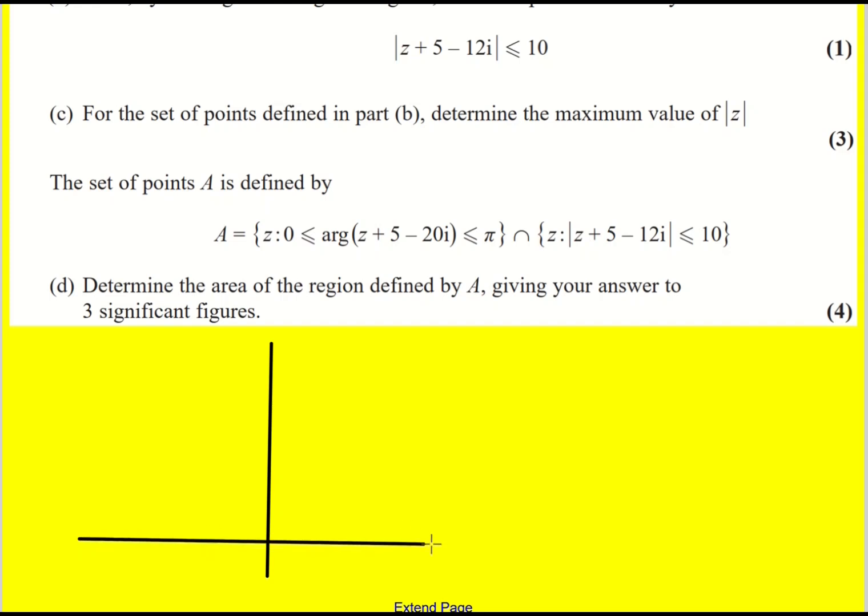So maybe I'll draw the axes like this, because we're mainly in this second quadrant. So minus 5, 12 could be, say, up here. And I've got a radius of 10.